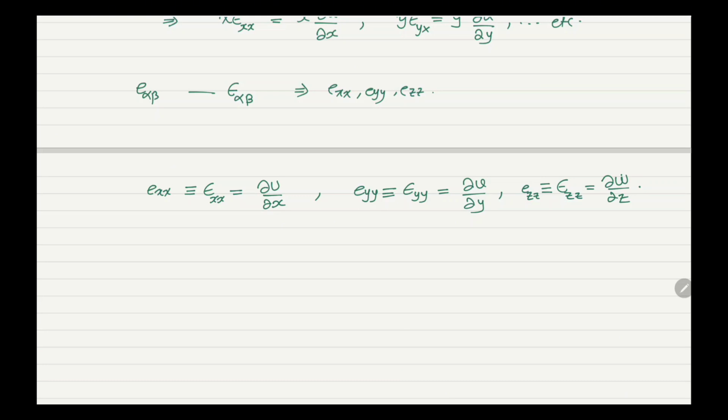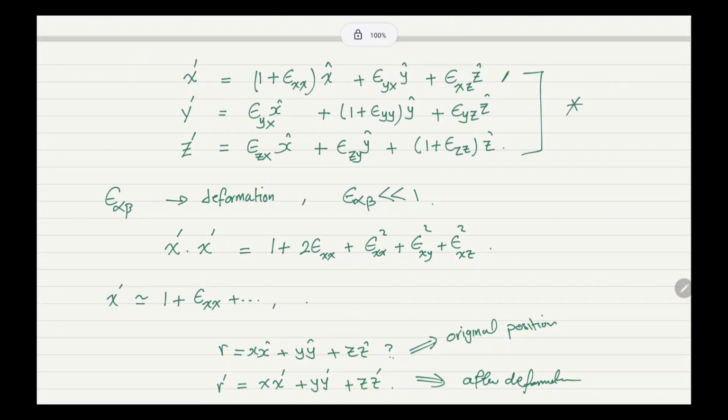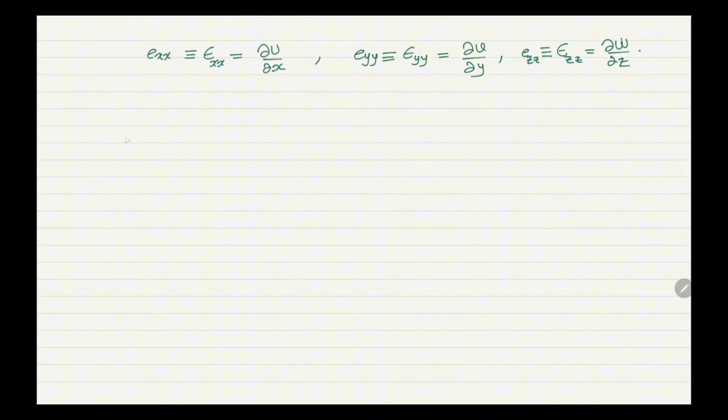With the aid of the equations we mentioned before, we will find that exy is equivalent to x prime dot y prime, or equal to epsilon yx plus epsilon xy, or partial u partial y plus partial v partial x.